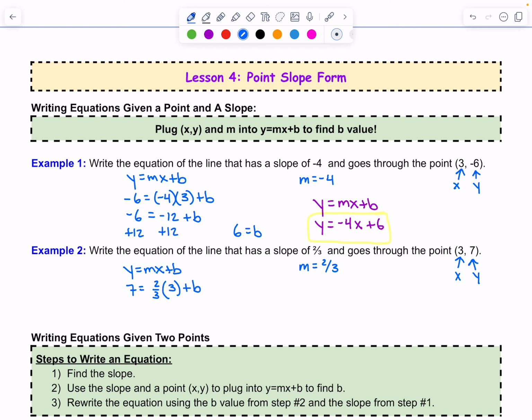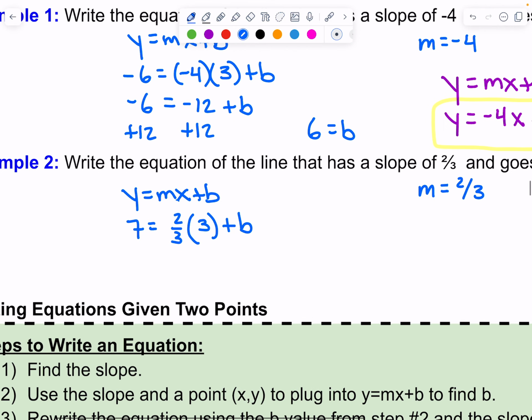So 2/3 times 3. 3 is like 3/1. And then the 3's are in the denominator and in the numerator, so they would just cancel each other out. And we could just bring down the 7 equals 2/1, which is just 2, plus the b. And then we just have to finish solving for b, so we can subtract 2, and we get b is equal to 5.